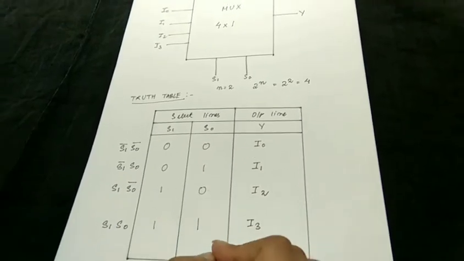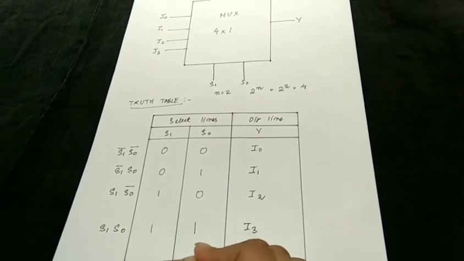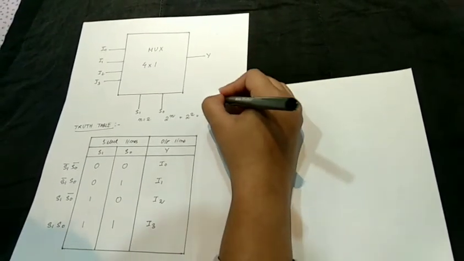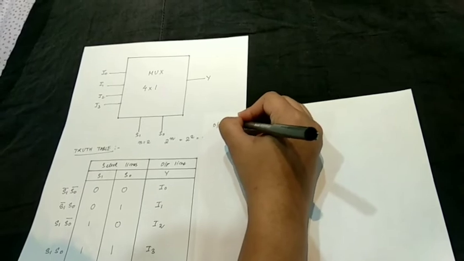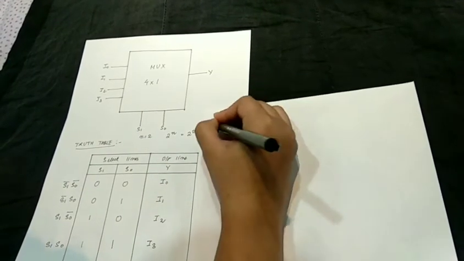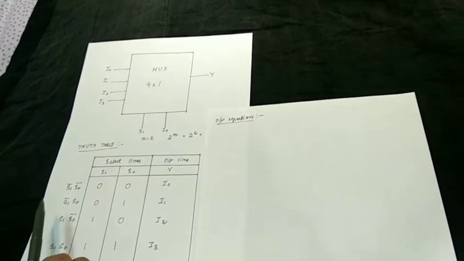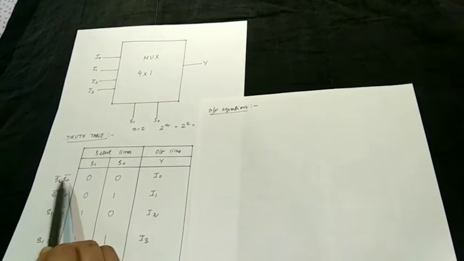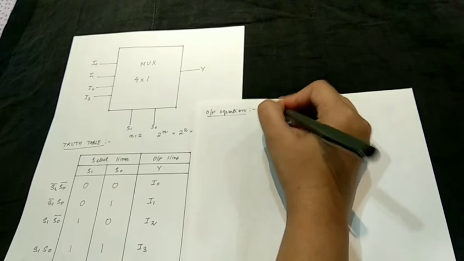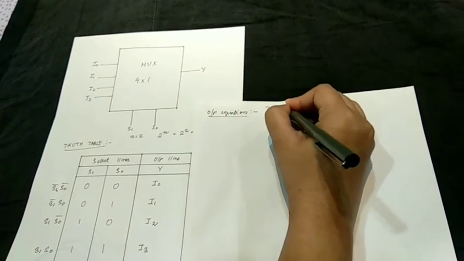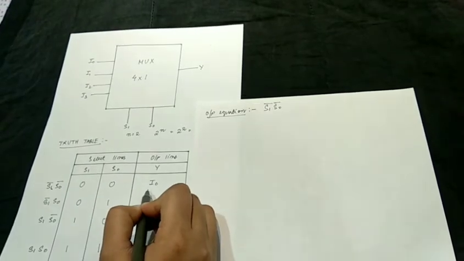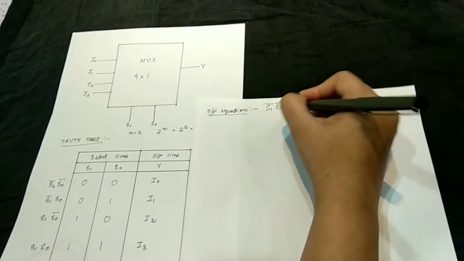Now we are going to write the output equation of the multiplexer. So now writing my output equation. From the table, as you can see, the first condition is S1 complement, S0 complement, and in this condition, input I0 will be directed to the output. So I0.